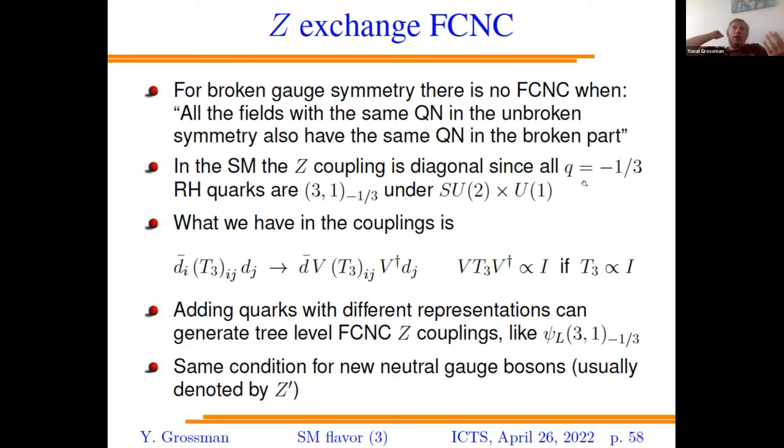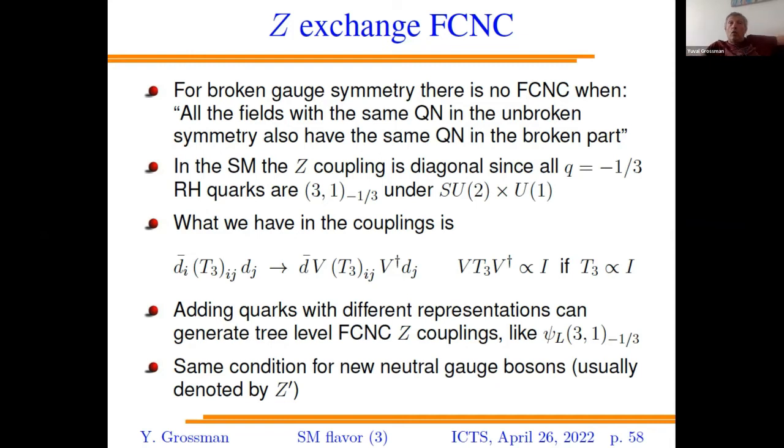In the standard model, for example, all the down-type quarks have electric charge Q equal to minus a third. All of these quarks also have the same representation under SU(2) times U(1). They all come from the (3, 1, minus a third) under the standard model, right? In principle, it doesn't have to be the case, right?